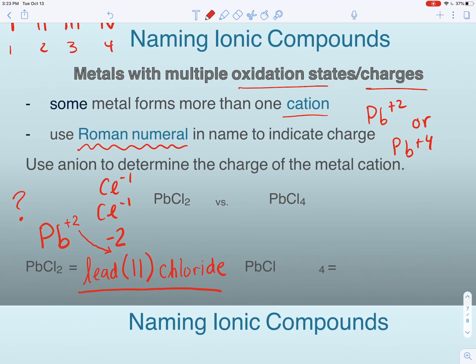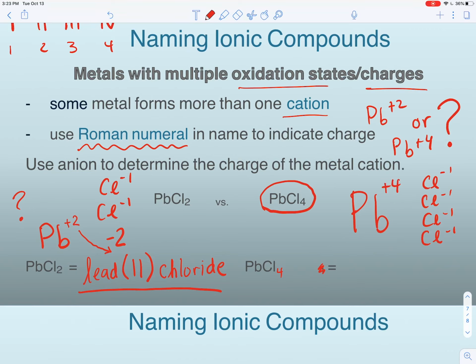Let's look at the other lead chloride here. We have PbCl4. So now I've got 4 chlorines. Each one has a -1 charge. Which lead do you think I have here? Is it Pb +2 or Pb +4? So this one is going to be a +4 charge in order to cancel out all those chlorines.